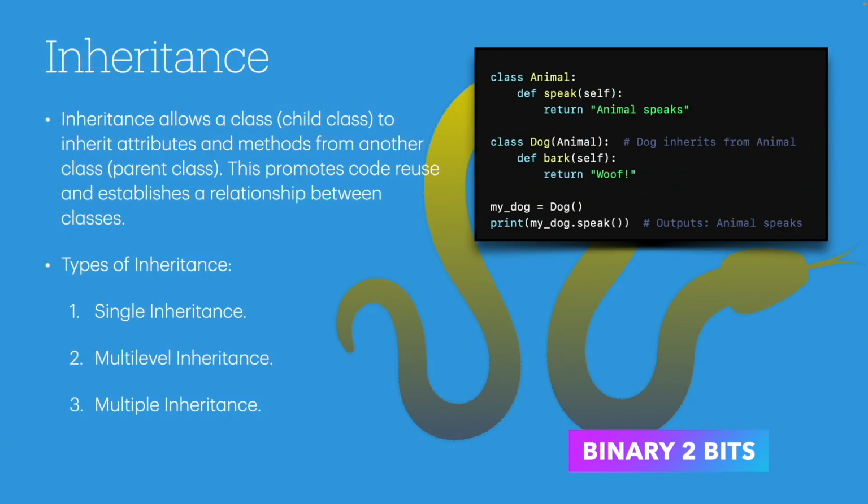So let's see inheritance. Inheritance allows you to access the parent's properties in the child class. Basically, in inheritance we are inheriting another class's properties into our class. There are multiple types of inheritance: single inheritance, multi-level inheritance, and multiple inheritance.